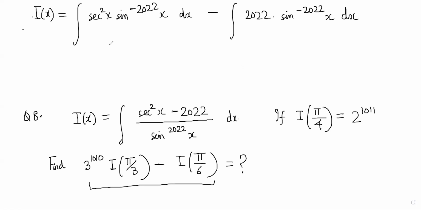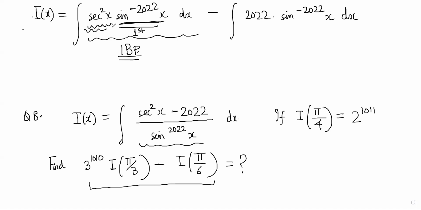Yes, sir. I'm just separating it into two separate integrals, right? If you try integration by parts on the first integral, okay? So, sir, obviously I should take sine to the power minus 2022 as the first function, correct? First function, because it is difficult to integrate this, but it is easy to integrate this, right?